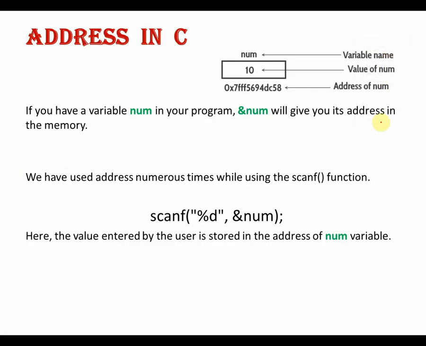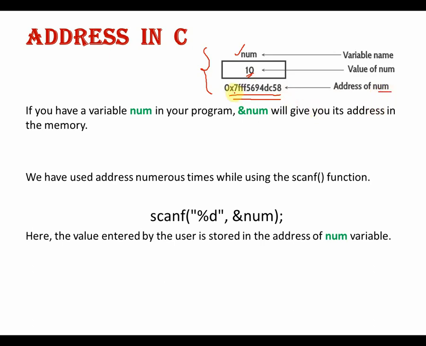So let us go on to the next thing and let us see what an address is. Now whenever we say a variable, take this example: num is a variable name. This 10 which this variable holds is the value, and the address inside the memory at whatever location this value is present would be the address of that variable num.